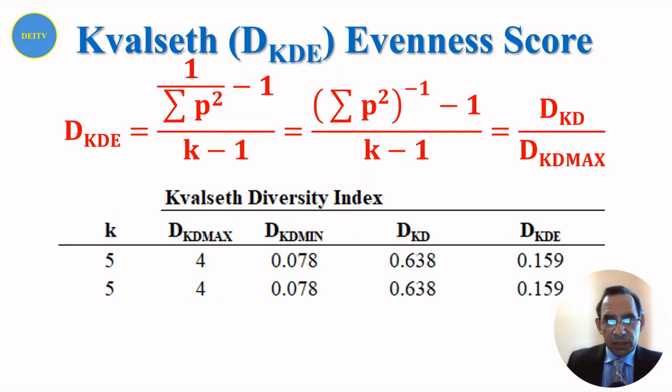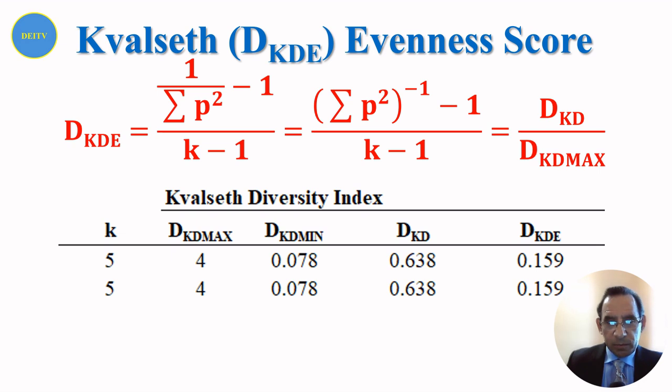So to calculate the Kvalseth evenness score or standardized score, you take 1 divided by the sum of the percentages squared minus 1, so that's going to be 1 divided by the Simpson concentration score minus 1, divided by the maximum score, which is k minus 1. So in this case, the Kvalseth diversity score is 0.638.